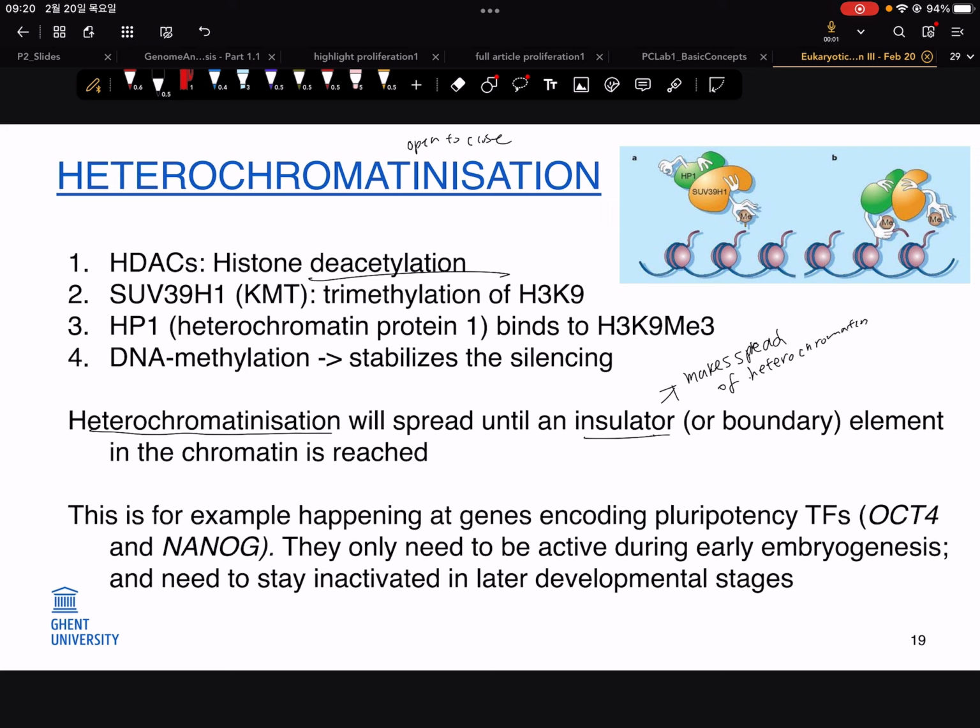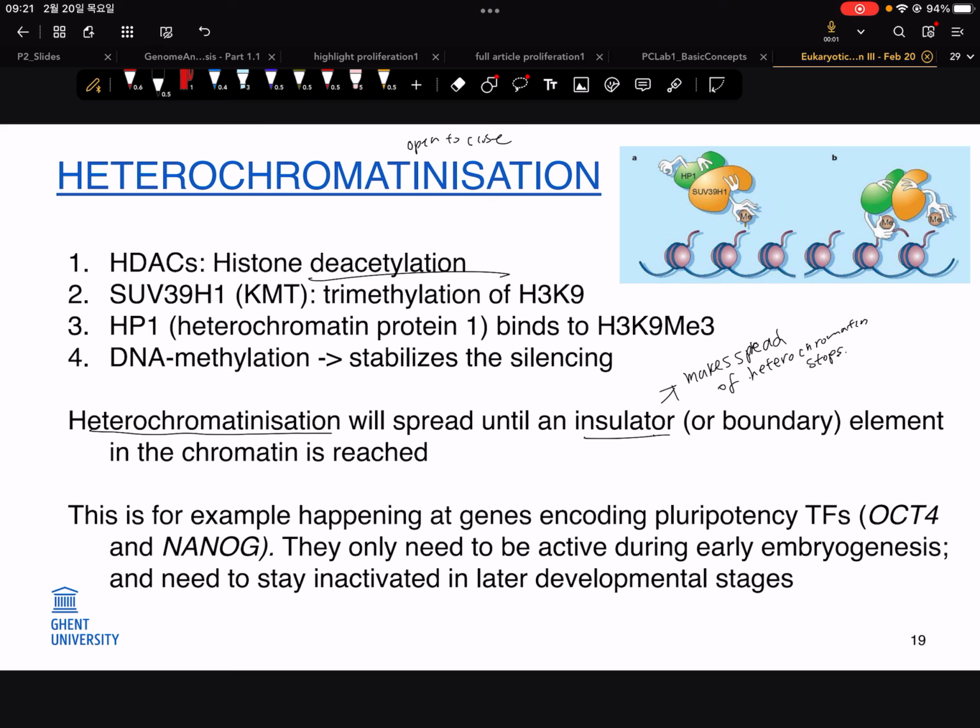An example of where this happens is during embryogenesis. Some regions of our genome, some transcription factors, some genes are only needed at specific moments in embryogenesis. They only need to be active then. So pluripotency transcription factors like OCT4 and NANOG are well known to be active very early in embryogenesis.